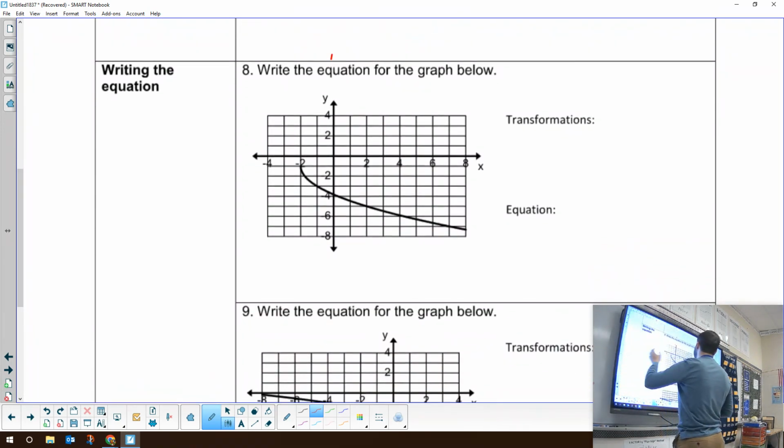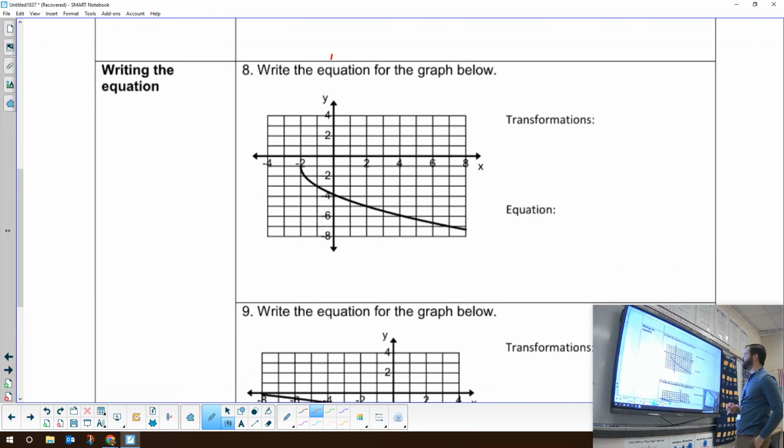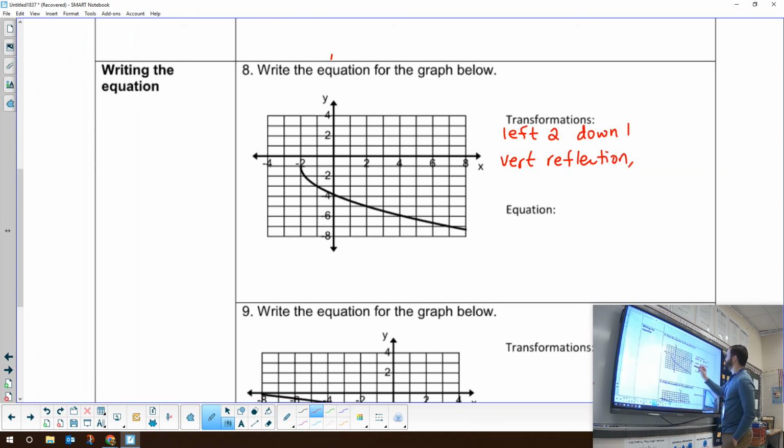All right, let's take a look at these last 2 problems. For these problems, you just need to take a look and see what's going on with our graph. So first off, some transformations. We're going to go to the left 2 and down 1. Then we have a vertical reflection and a vertical stretch by 2.